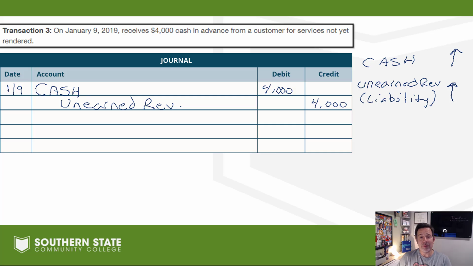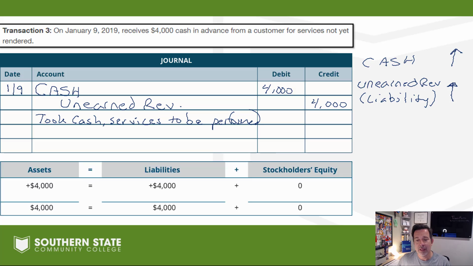And for a description, we can simply say took cash, services to be performed. Whatever kind of description you want to put in that tells you what's going on is fine by me, as long as it makes sense and matches the transaction.